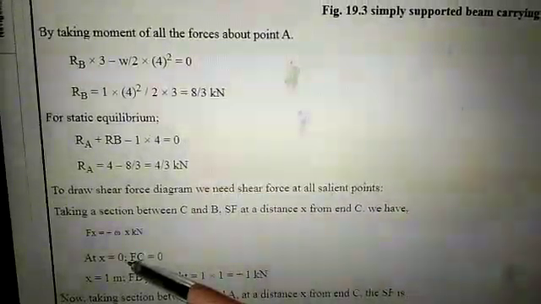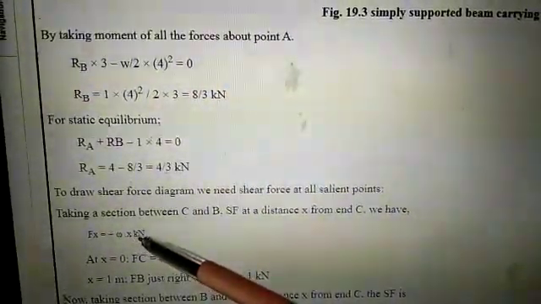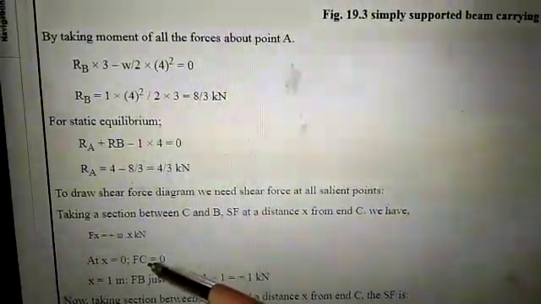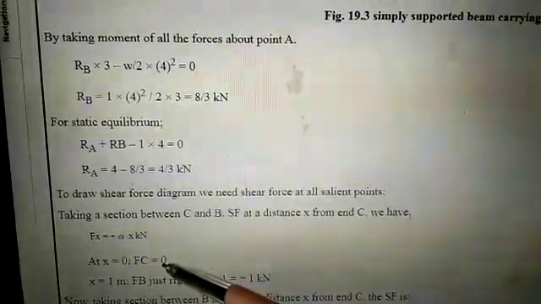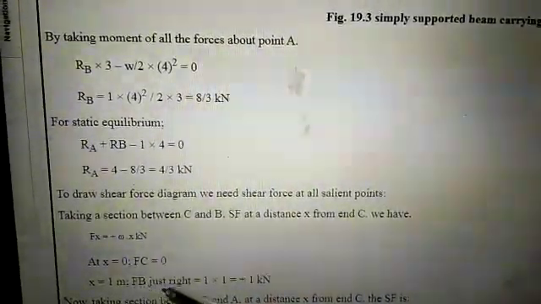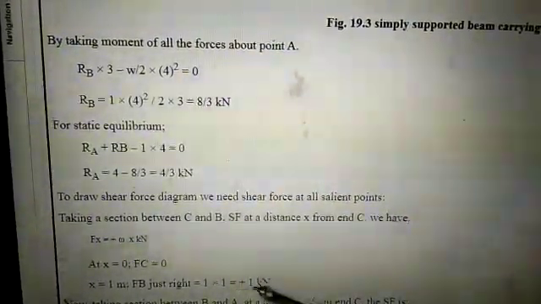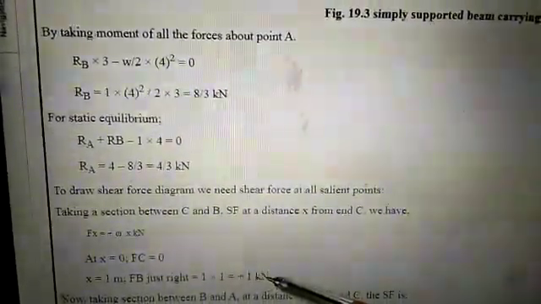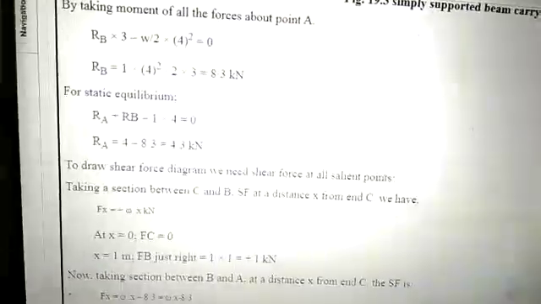The value of x is 0 at point C, so we put 0 in this equation and obtain the shear force Fc equal to 0. At a distance of 1 meter, just right side of the section, 1 into 1, that is plus 1 kilonewton, is the value of shear force obtained.